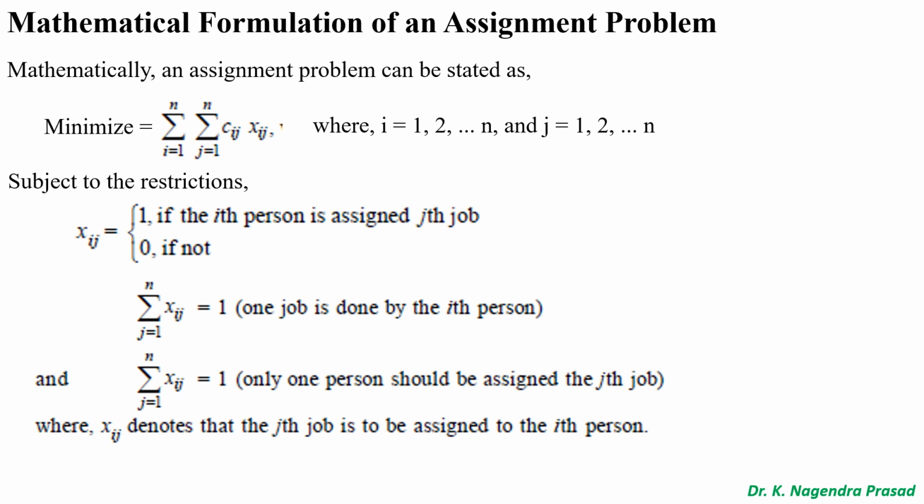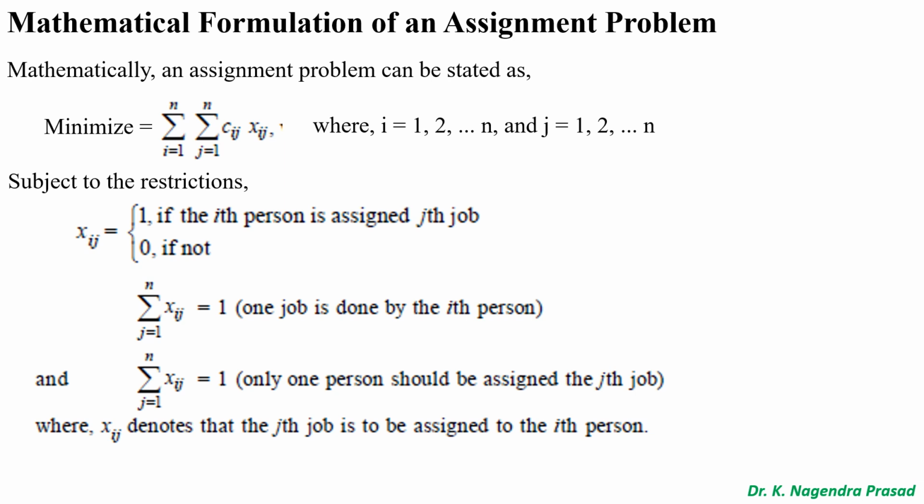Mathematically, the assignment problem can be stated as: minimize the summation of i equal to 1 to n and summation of j equal to 1 to n of Cij xij, where i is the number of persons, that is i equal to 1, 2, 3 up to n, and j is the number of jobs, that is j equal to 1, 2, 3 up to n. The constraints are: xij equal to 1 when the ith person is assigned to the jth job. If not, we consider the xij value to be 0.